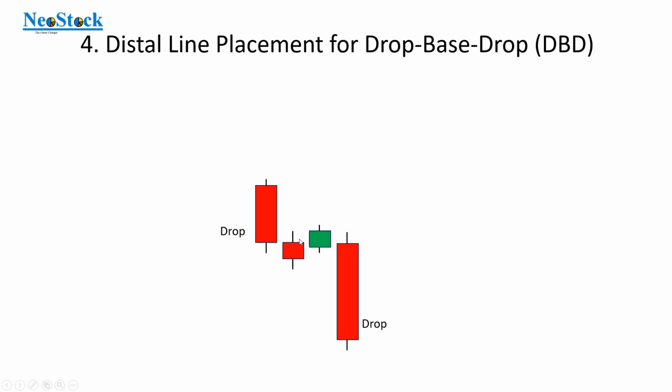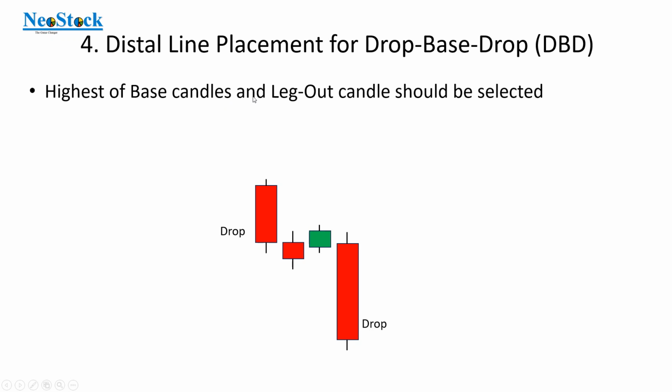We only look into base candles and leg out candle. So that is what I mentioned in this point: the highest of base candles and leg out candle should be selected. I never mentioned leg in candle in this pattern. So you have to look into base candles and leg out candle.